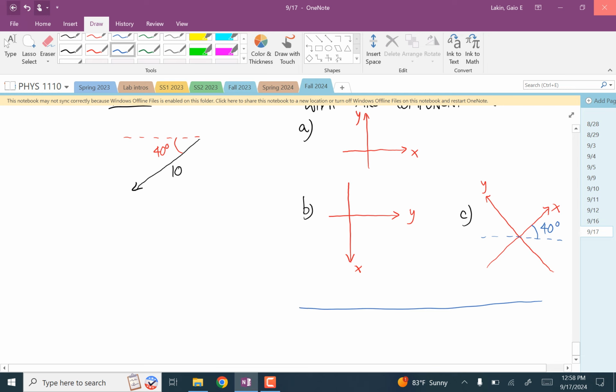Why would we ever want to do that? That's not clear yet, but we'll see that it's useful eventually.